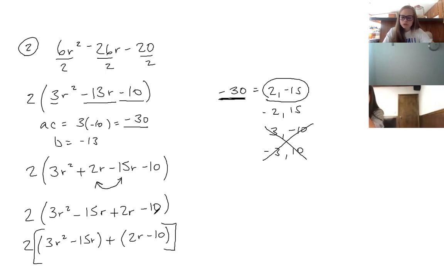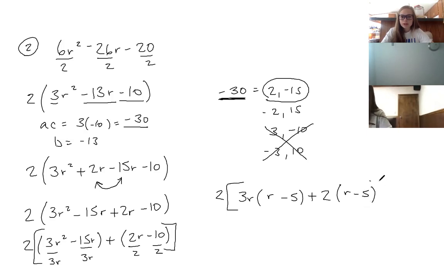So rewrite your polynomial, split them up, and then now let's factor out. I can factor out a 3 and an r here. Here I can only factor out a 2. So remember your original 2 that I factored out of the problem. Here we go. I pulled out a 3r, and I'm left with r minus 5, plus I pulled out a positive 2, and I'm left with r minus 5.